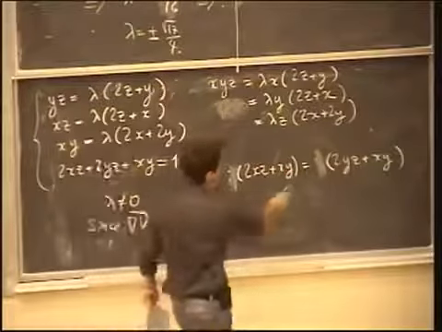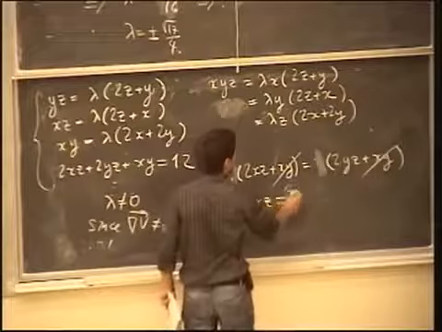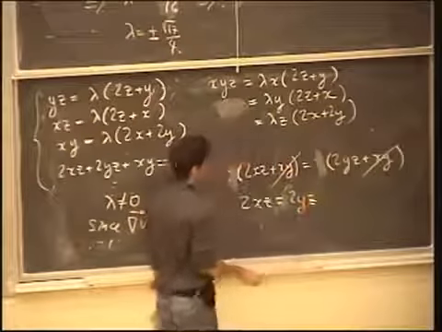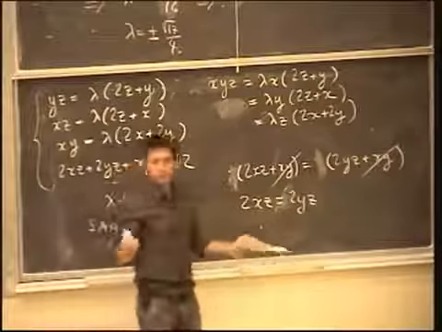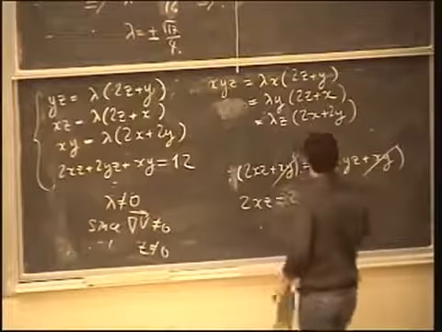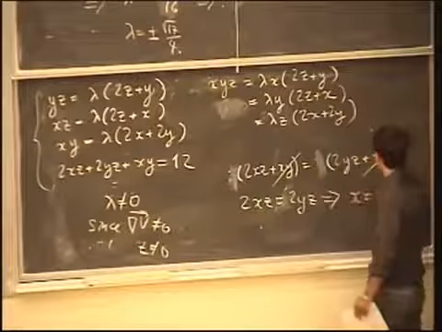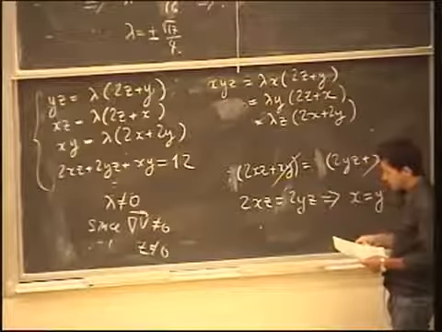Now xy disappears, and we get 2xz is equal to 2yz. Since z is not equal to 0, because otherwise it's not a box, this implies that x is equal to y. So that's the first relation.